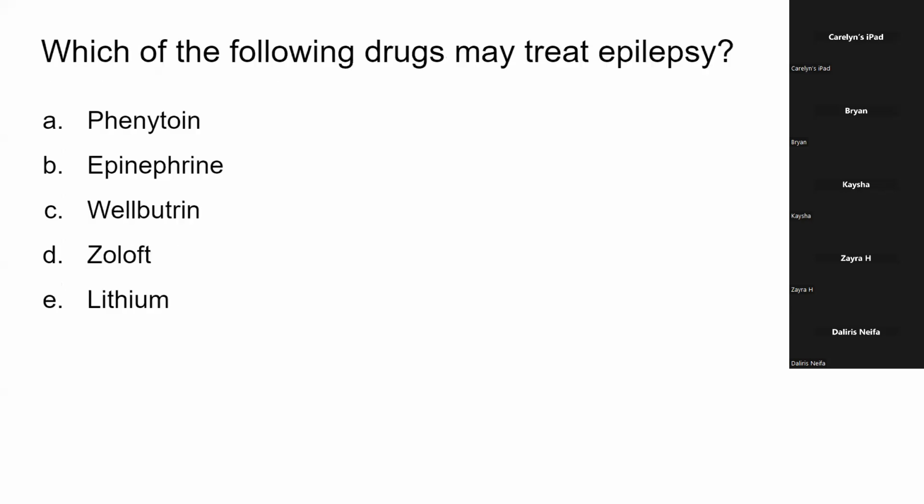All right, so going off of that, which of these drugs can treat epilepsy? Going A? You're an A? I got a B in the chat as well.